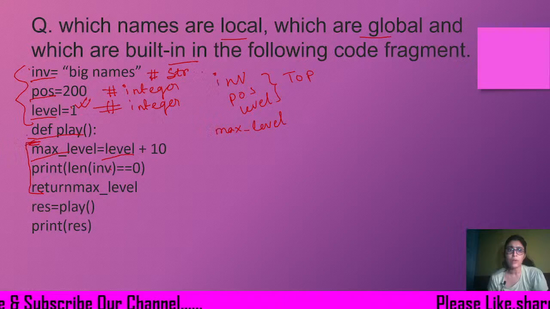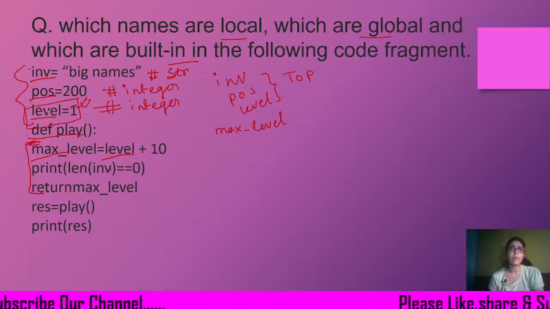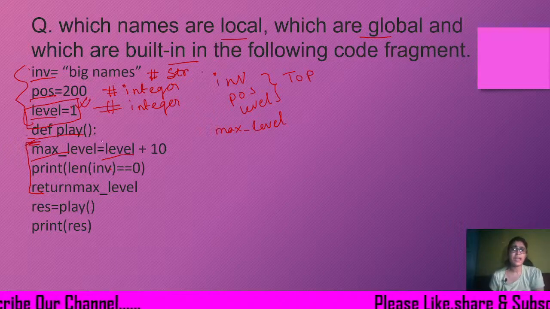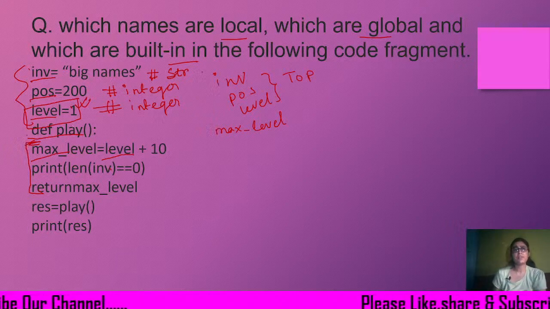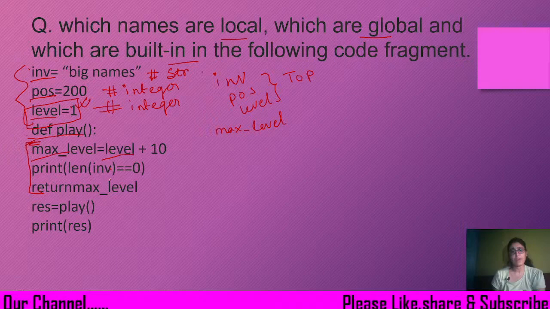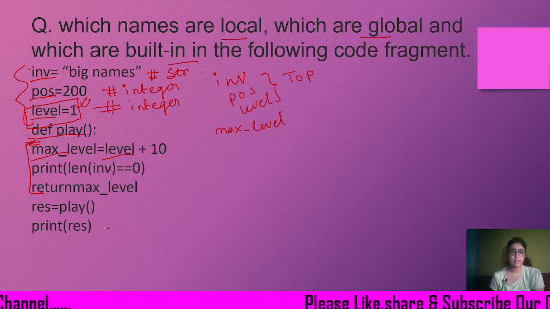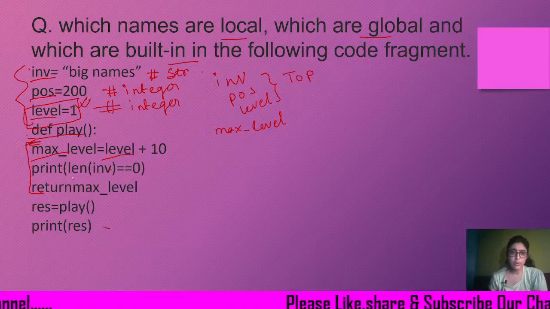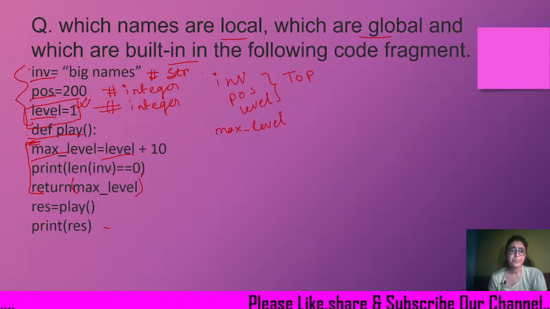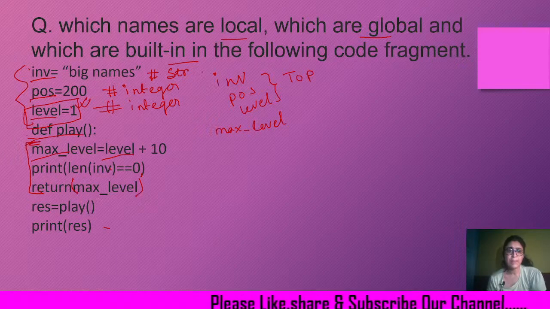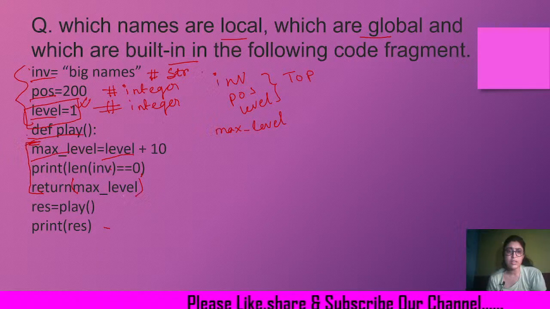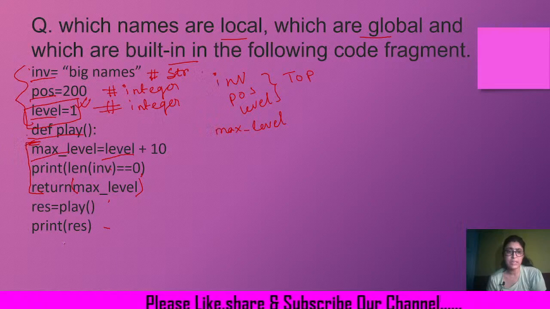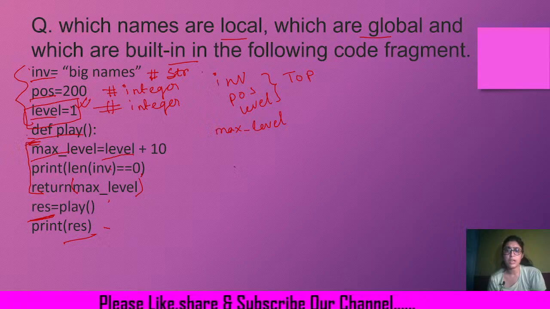We can use a global variable in a function, but this max_level cannot be used outside the function. Here a bracket should be there, return max_level. Whenever I am returning max_level, it returns the value of max_level and prints it here. Now res, another variable I have got.